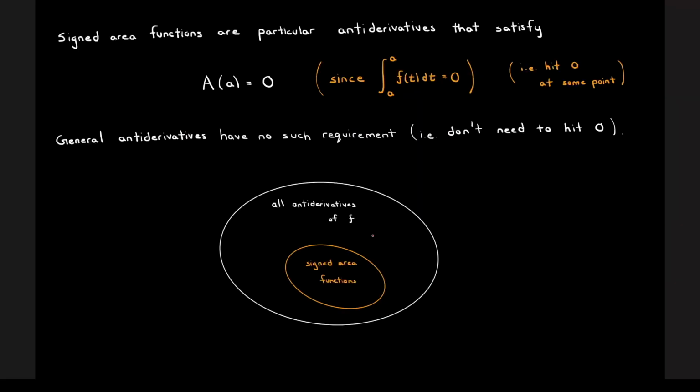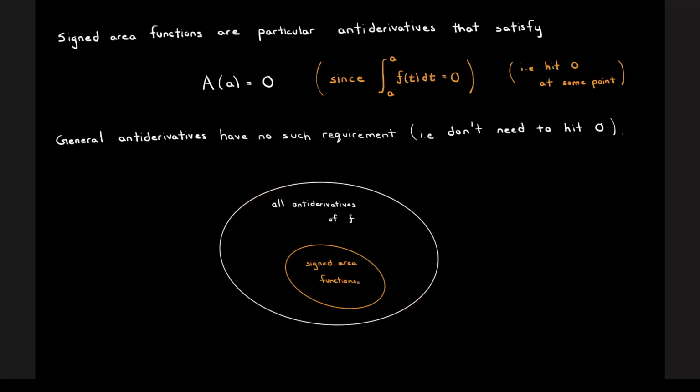Here is a nice way to visualize and summarize our discussion above. Let's suppose you're working with some function, lowercase f, and this white circle encompasses its most general antiderivative. So every single antiderivative of my function f is somewhere in this white circle, okay? So the entire family of antiderivatives is represented by this white circle.